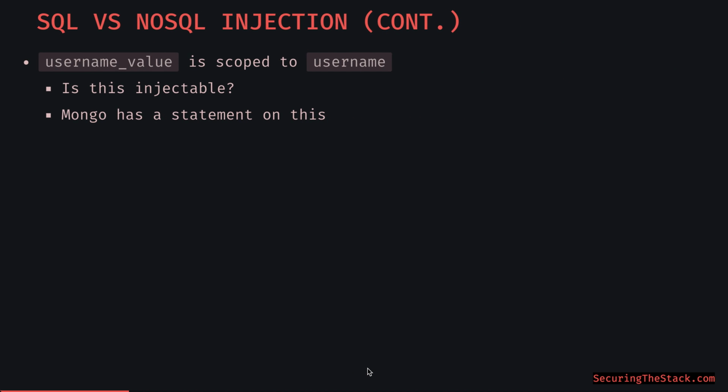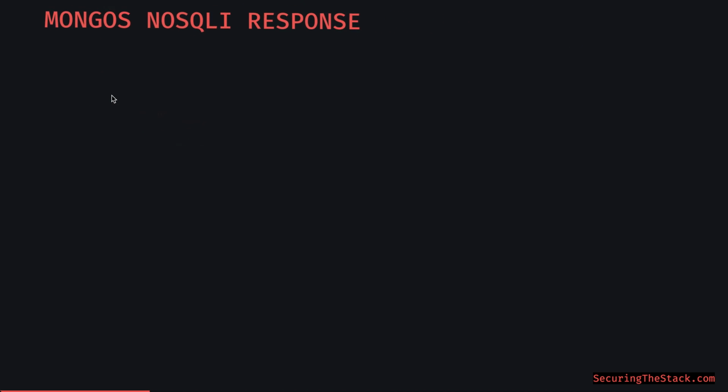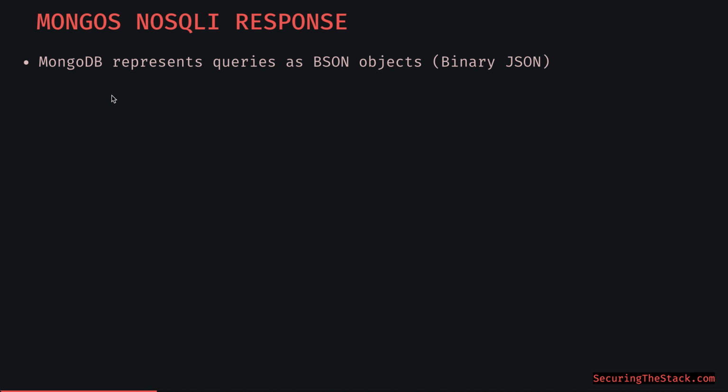Now the question is, is username value injectable in the same way as the SQL statement, okay? MongoDB has a statement on these types of attacks, and this is what they say. Well, before we get into what exactly they say, they're going to bring up this thing called BSON.